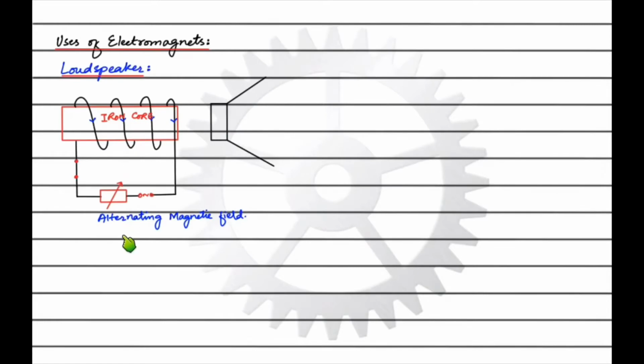One is an electromagnet which is connected with the alternating current supply, and the second one is a permanent magnet which is behind the cone in the loudspeaker.